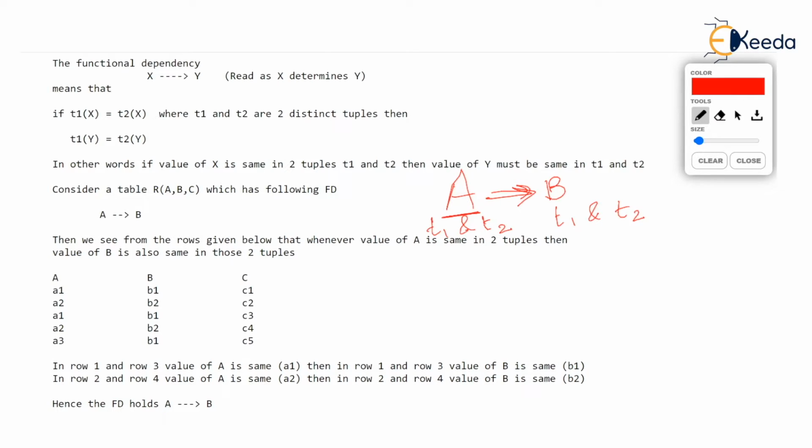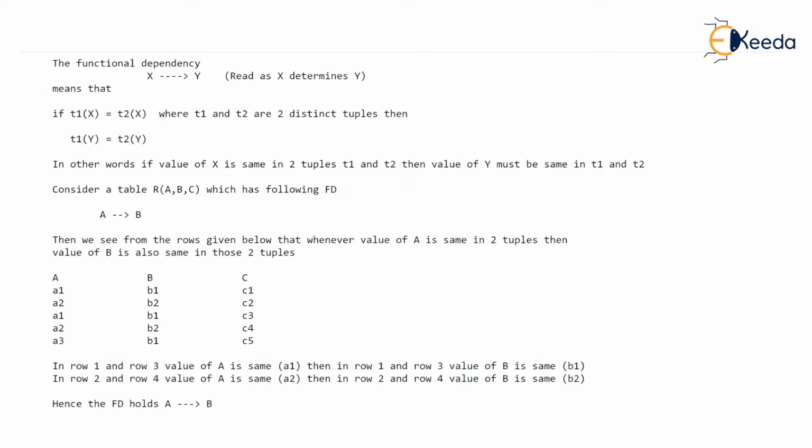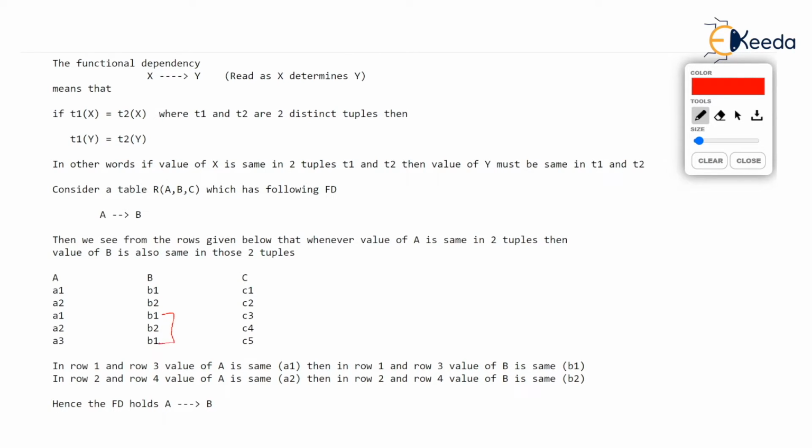If A determines B and suppose the value of B is equal in two tuples, let's say, then the value of A may or may not be equal because B does not determine A. Let's see what I am talking about. Just check this. In the same example, in these two rows which I am marking, the value of B is equal, B1, B1.